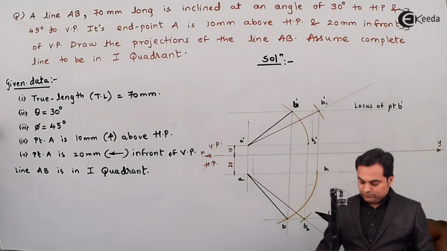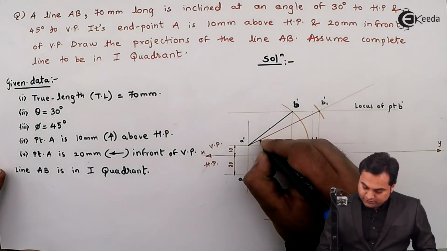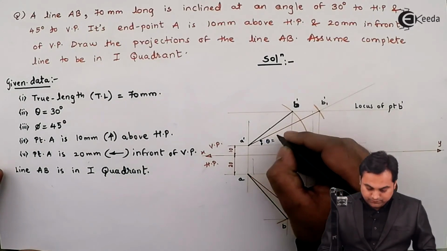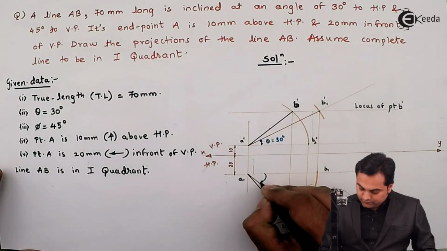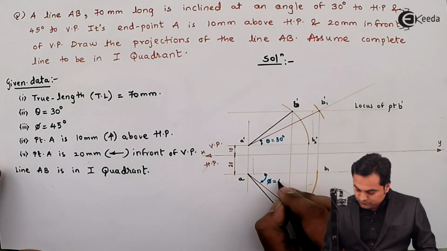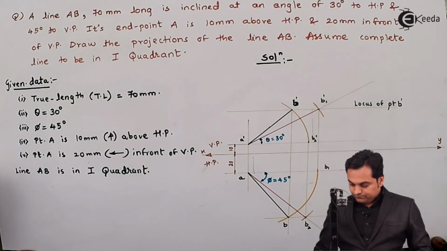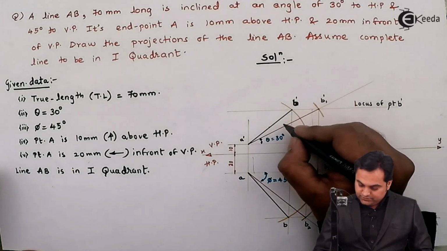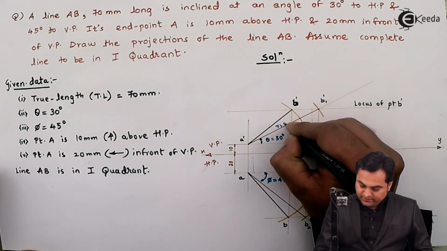Next, whatever I've drawn, those are light lines. The inclination of the true length with HP, theta is equal to 30 degree, and inclination of the true length with VP, phi is equal to 45 degree. And then this is the true length equal to 70 mm.